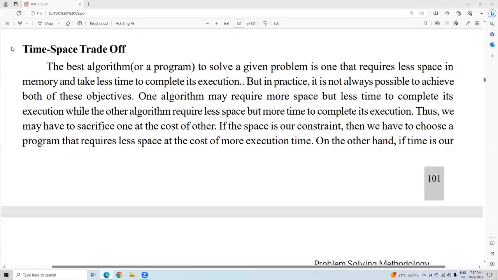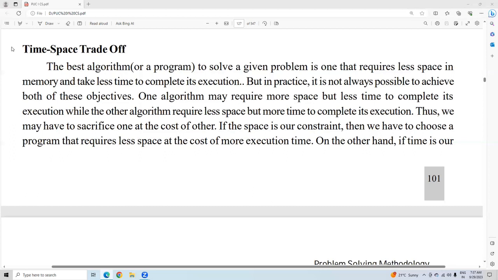Then time-space trade-off. The best algorithm or program to solve a given problem is one that requires less space in the memory and takes less time to complete its execution. But in practice, it is not always possible to achieve both of these objectives.